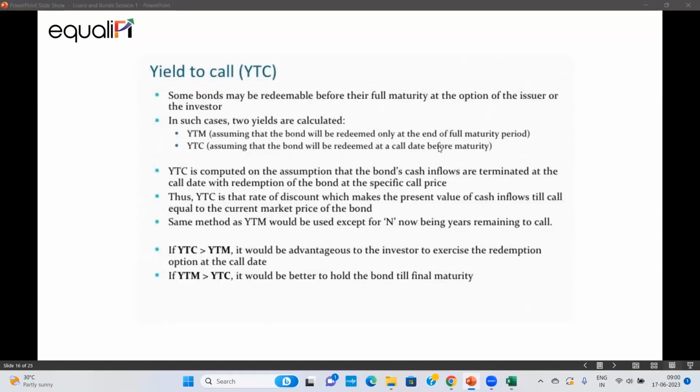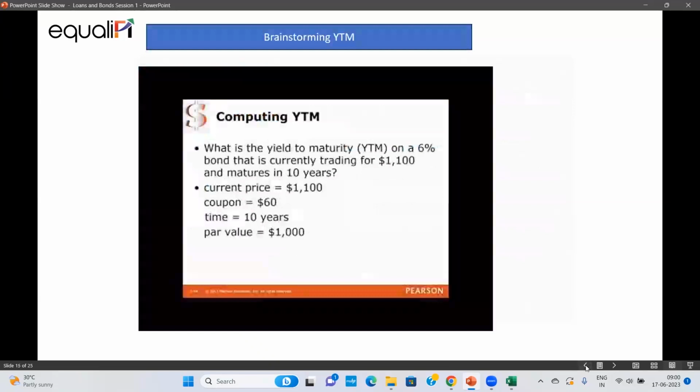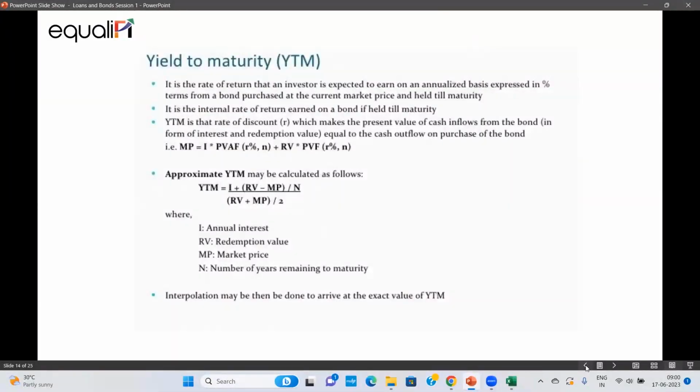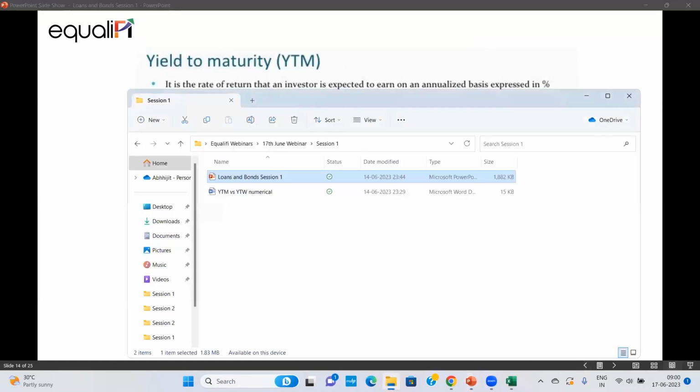No, not 6%. One sec. Let me see what you have done.